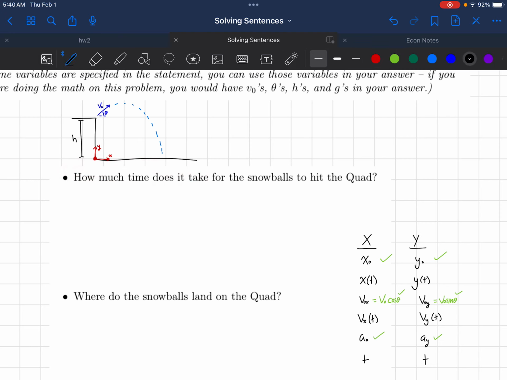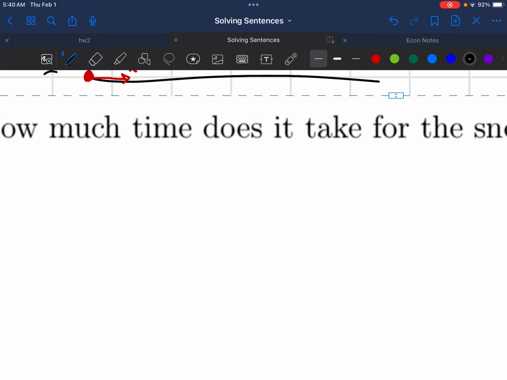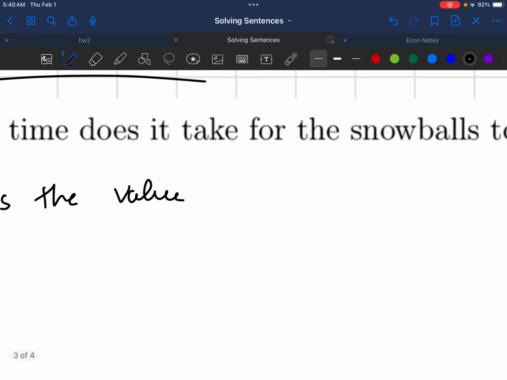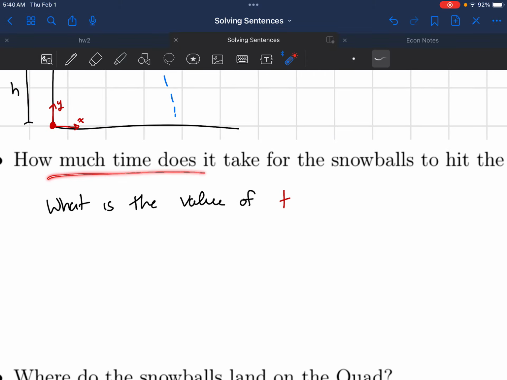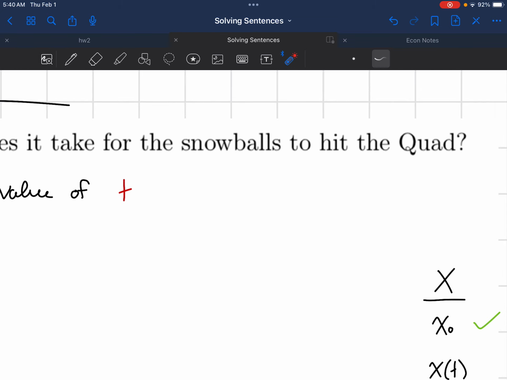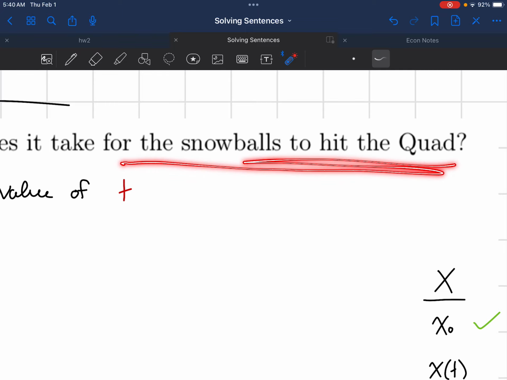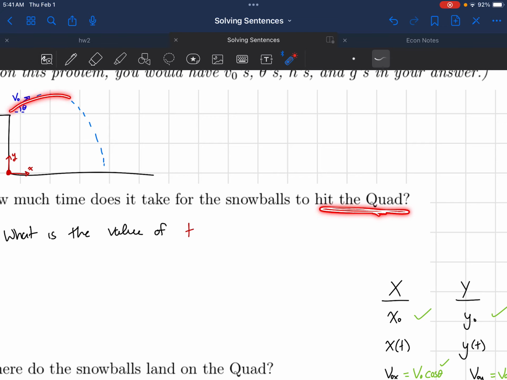Well, again, I'm going to set up my sentence. What is the value of t, there's my time variable, and what is the value of t when what happens? When the snowballs hit the quad. Well, how do I know that the snowballs have landed on the quad?